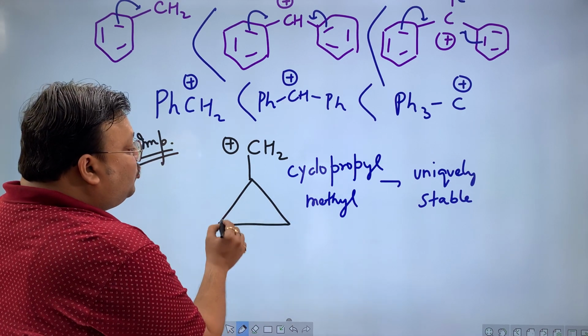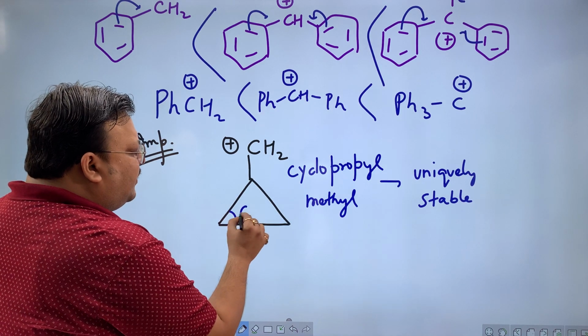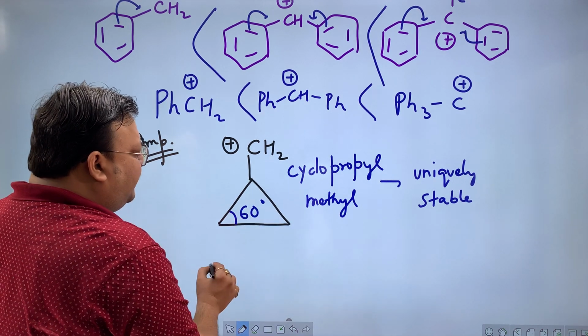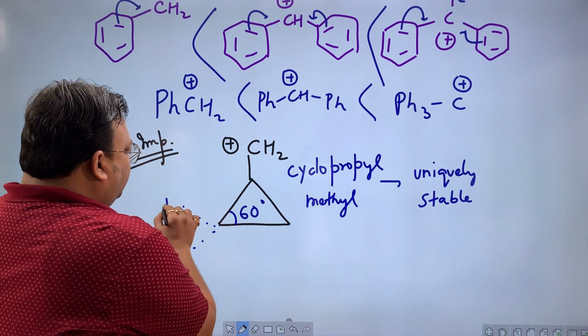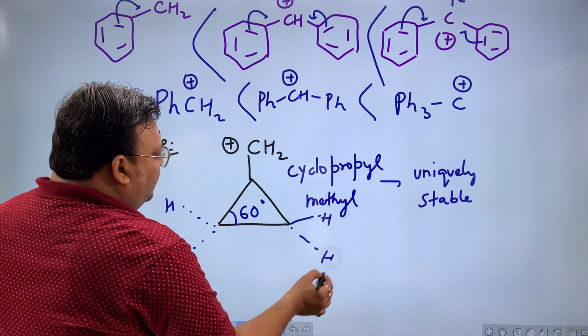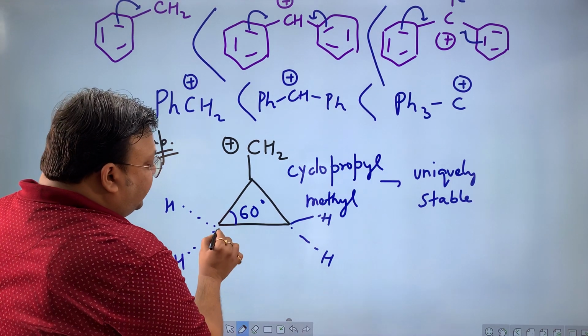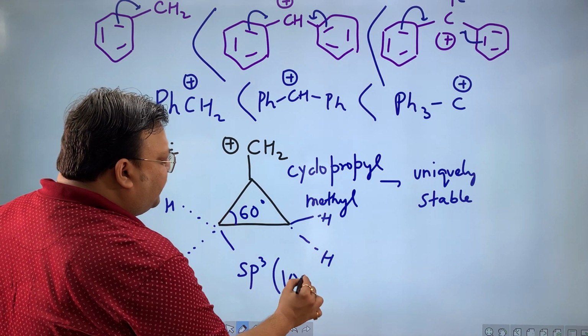When it comes to cyclopropyl methyl, naturally this molecule, cyclopropyl, looking like an equilateral triangle with bond angle 60 degrees, and imagine there are hydrogen atoms, CH2, CH2, and all the carbon atoms are expected to be sp3. For sp3 the bond angle required is 109 degrees 28 minutes.